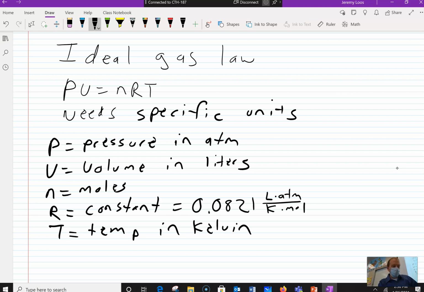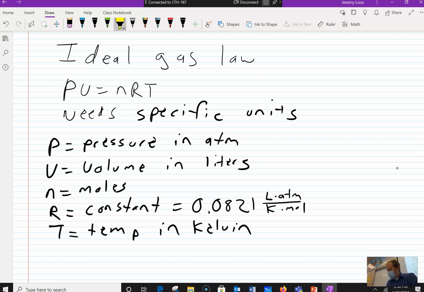Again, this formula is given to you on the periodic table. The value of R is given to you on the periodic table. Even the unit for R is given, so that will help remind you that you need liters, atmospheres, Kelvin, and moles. If you don't have any of those, you have to convert.